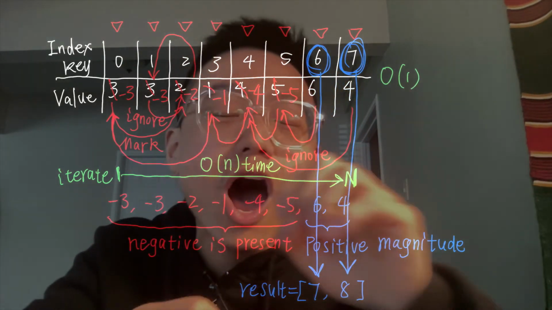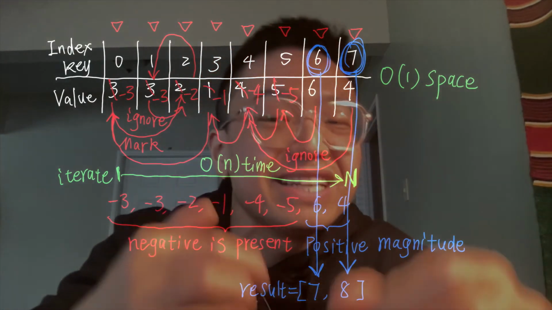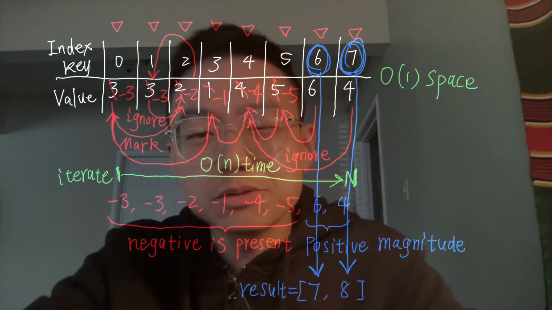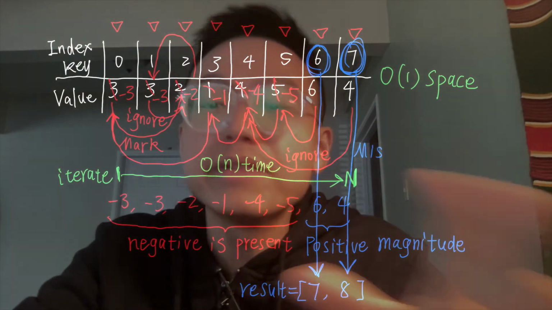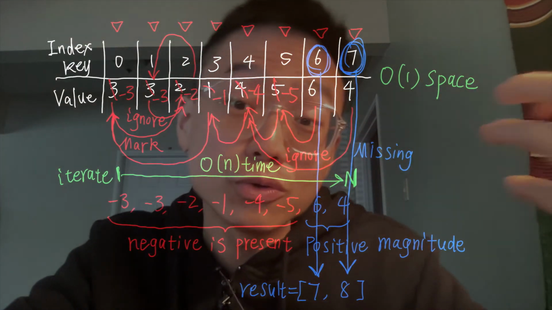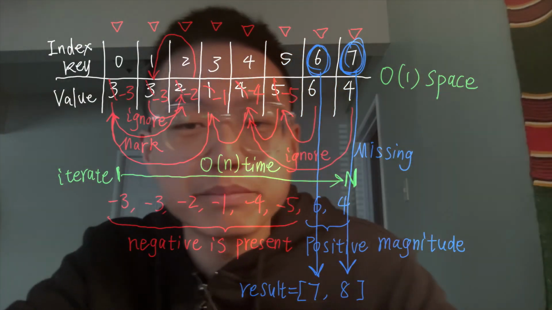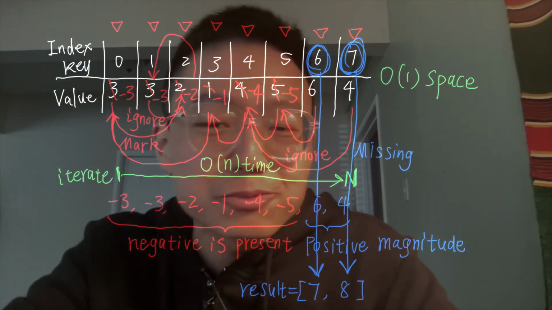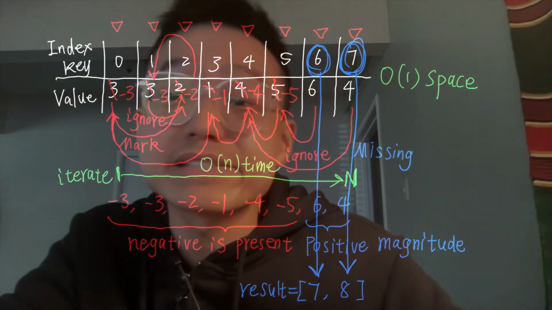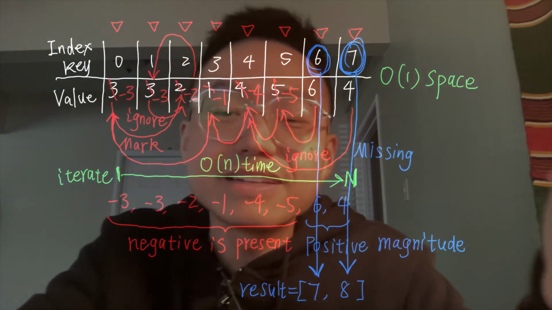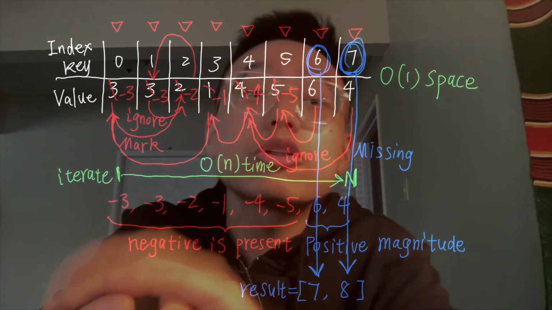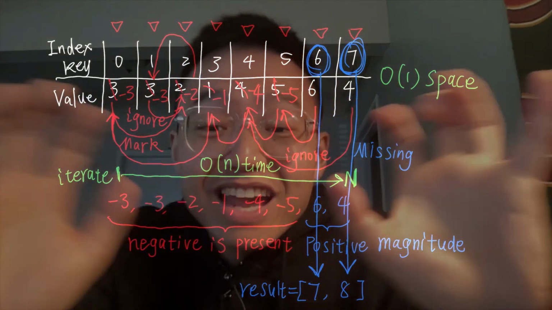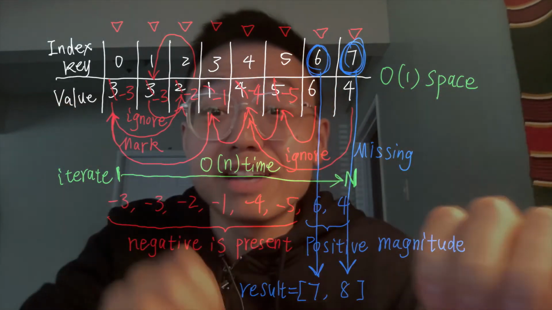So this is how we get the array that contains the missing numbers. The time complexity is O of n because we have used 2 for loops, and the space complexity is O of 1 since we are reusing the input array itself as a hash table, and the space occupied by the output array doesn't count toward the space complexity of the algorithm.